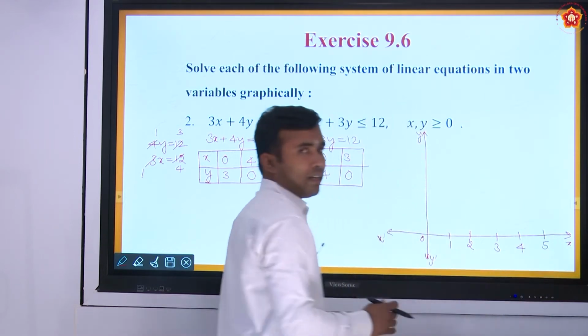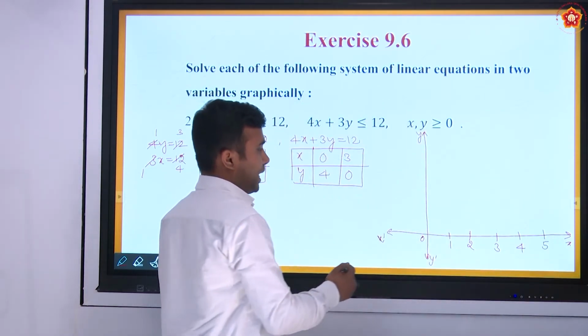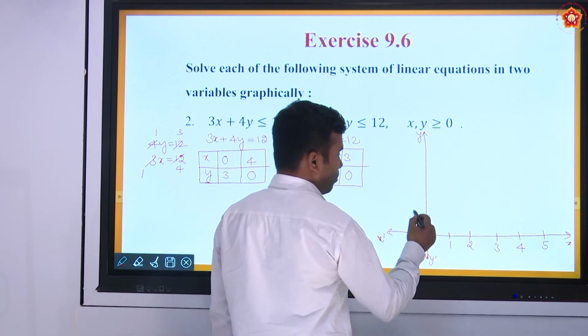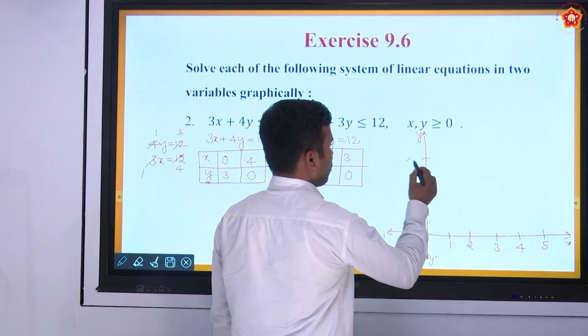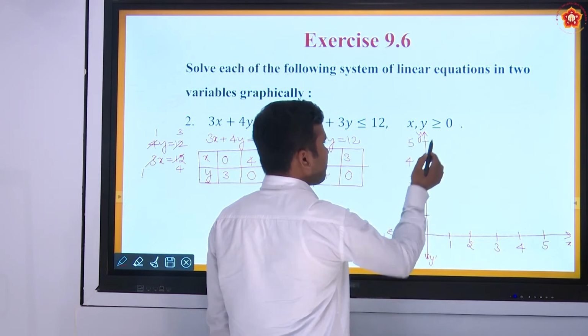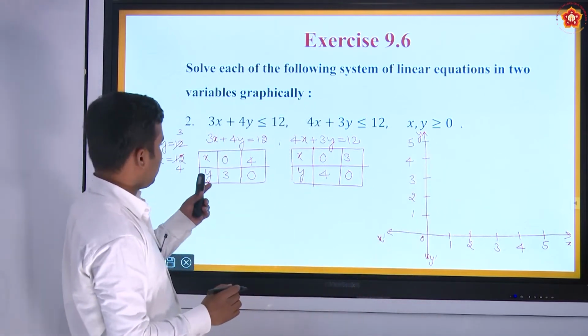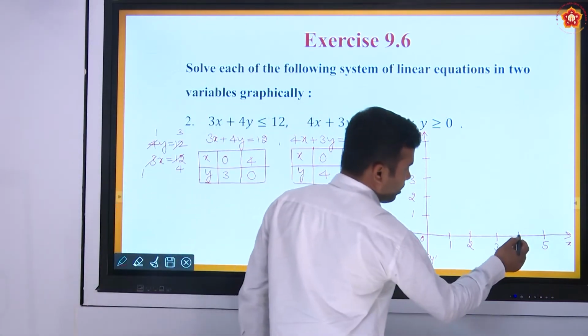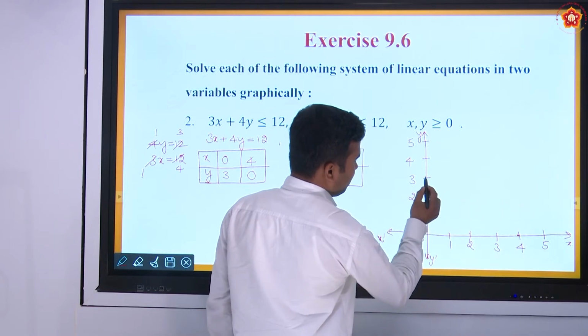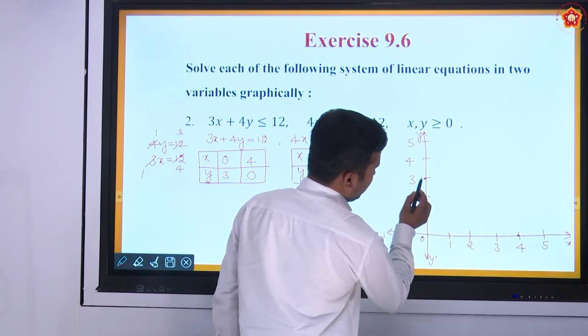Similarly, we do it for the y-axis as well: 1, 2, 3, 4 and 5. So let us represent this point, x is 4, y is 3. Let us join this.